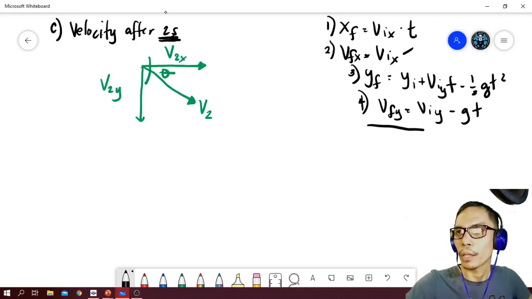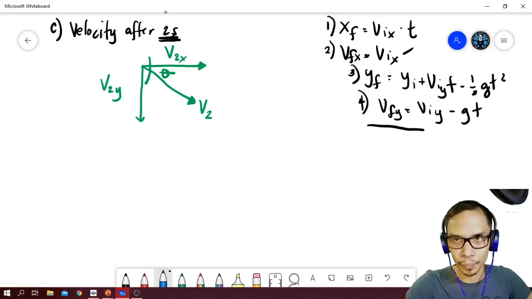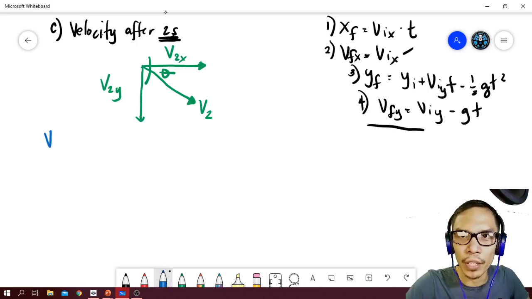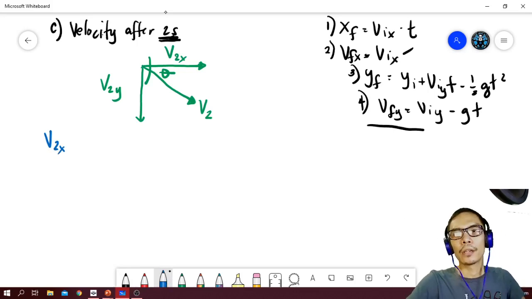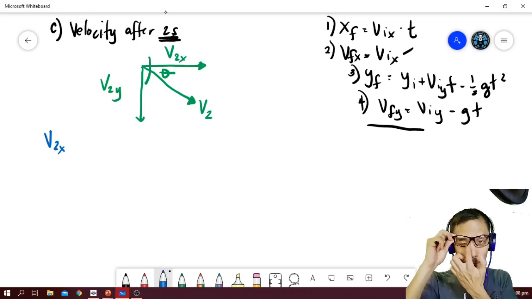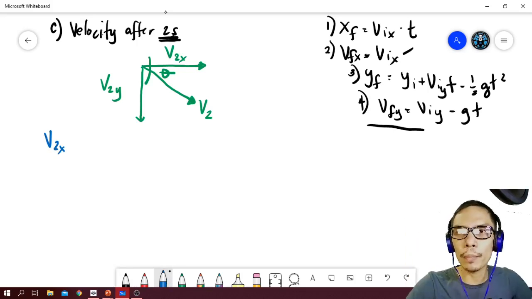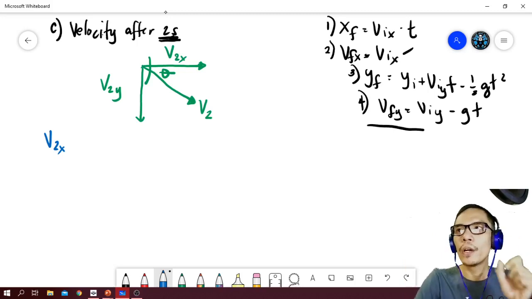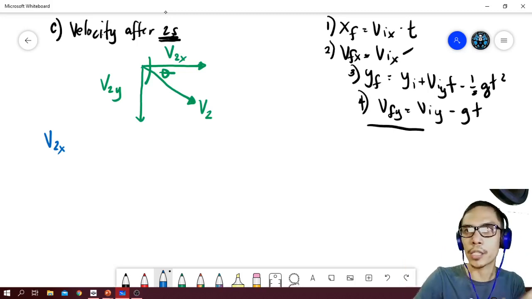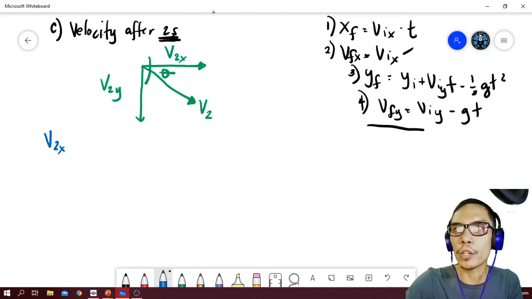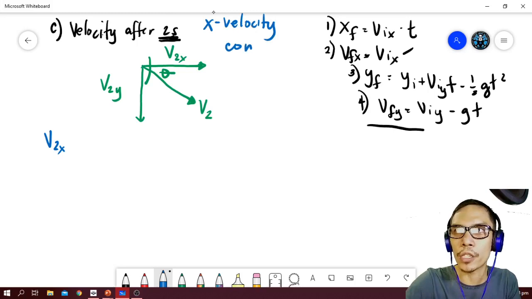Now, let's start using number 2. So I will use blue for number 2. For the v2x, how do we compute it? V2x can be obtained by the idea that horizontal motion is constant speed. So the x velocity is constant.